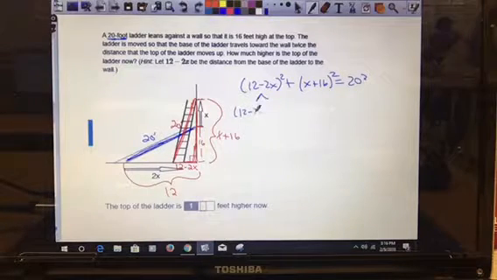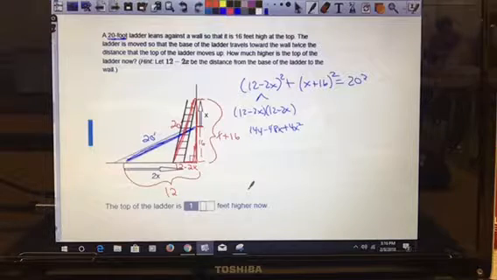So 12 minus 2x times another 12 minus 2x. You get 12 times 12, you get 144. You get a negative 24x and another negative 24x. So you actually get negative 48x. And then negative 2x times negative 2x is a positive 4x squared. And then I'll bring down this plus.